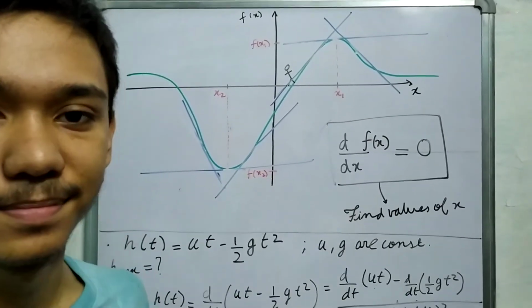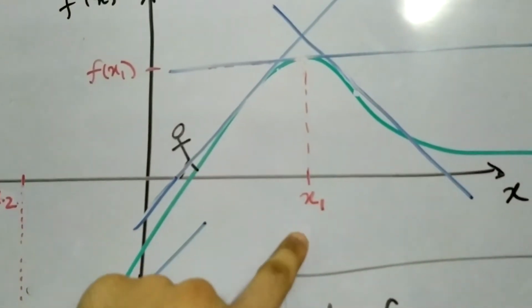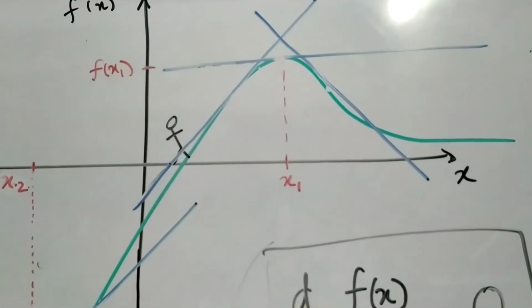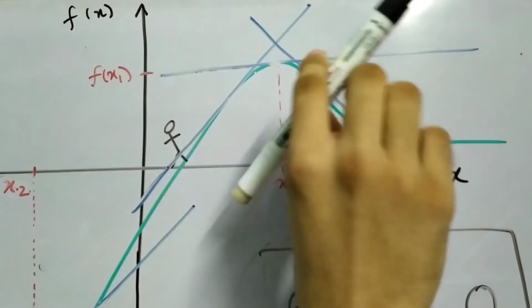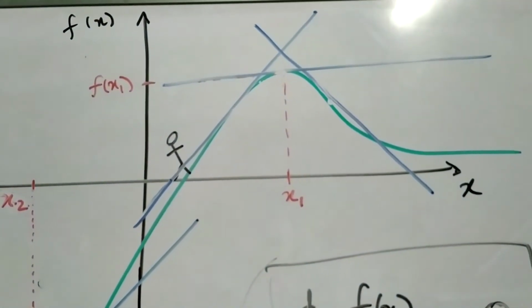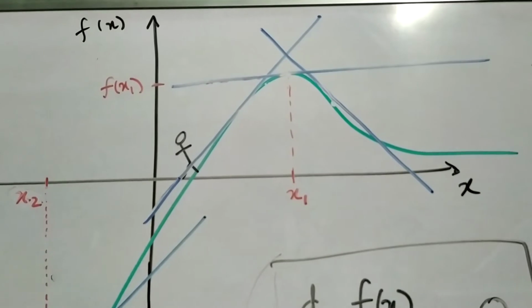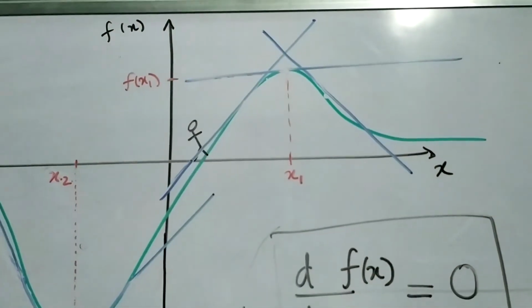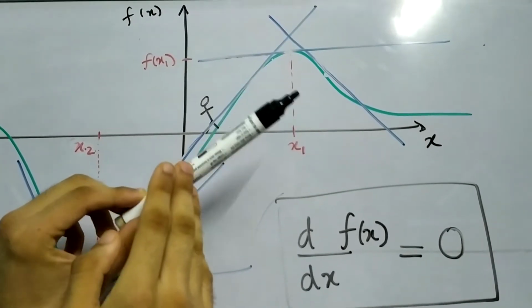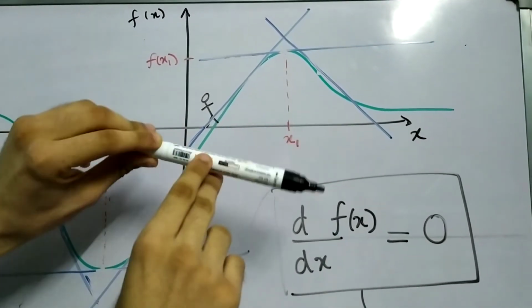Well, let's see. So look at this point x1 carefully, where we have a maxima. Before x1 slope is positive and after x1 slope is negative. Now we can infer another important property of slope around a maximum, that before maximum it is positive and then it starts to become negative.